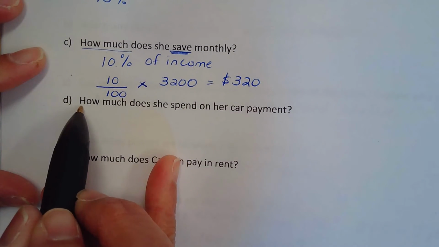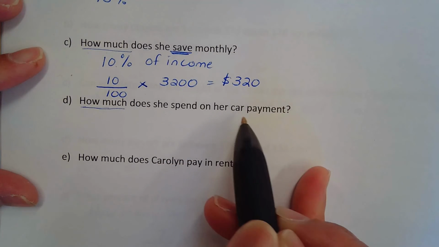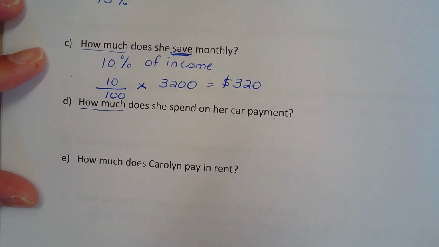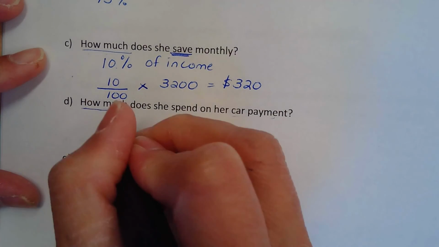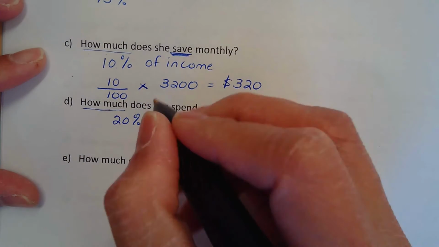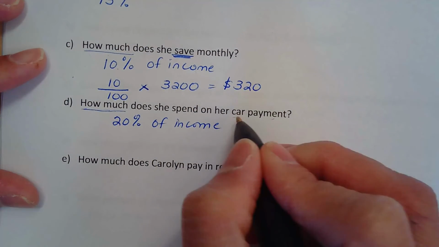Let's take a look at letter D. Look at the question. How much does she spend on her car payment? Well, when you look at the car payment, it says 20%, right? 20% of her income goes to her car payment.